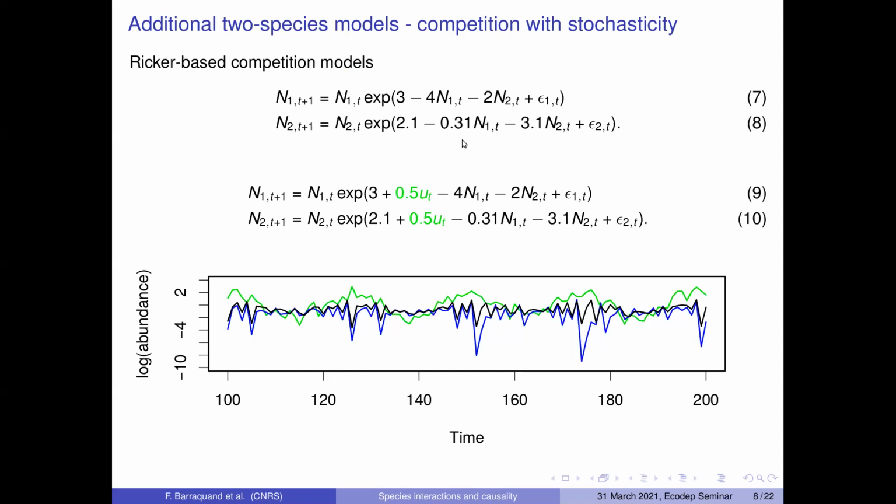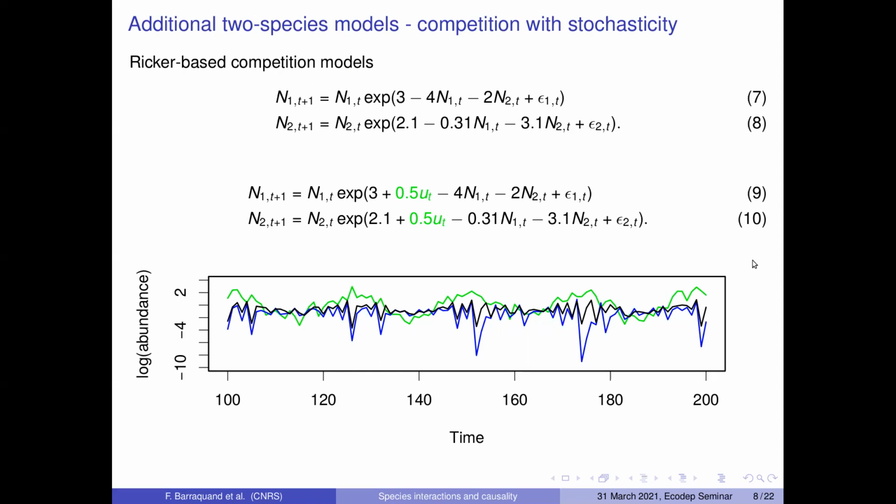And this model is still a chaotic model, can still generate chaos, but it's better behaved. And what we did as well is to add some sort of stochasticity, this epsilon1 and epsilon2. And then we did the same thing as before. We simulate the model with the interaction between the species, and we simulate the model without interaction between species, with interaction only within species.